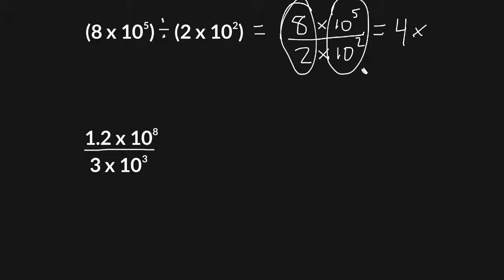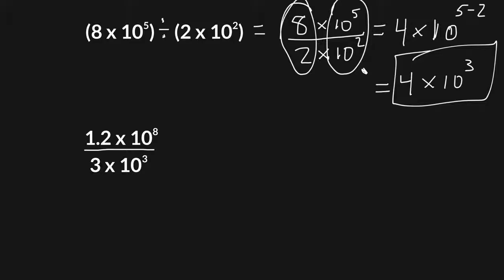Like bases being divided, we subtract the exponents. So we get 10 to the 5 minus 2, which results in 4 times 10 to the 3 as our final answer on that one.